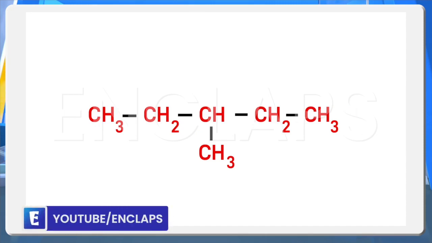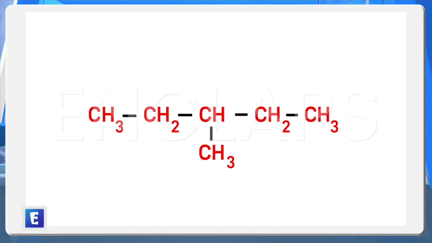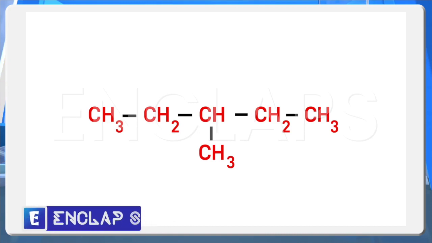One carbon atom should be given as a branch. That means CH3 CH2 CH CH3 CH2 CH3. So, it is a chain isomer of hexane.